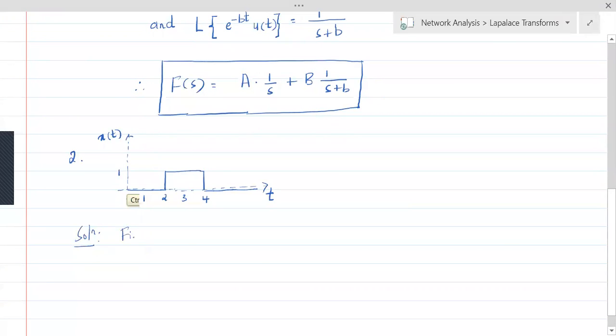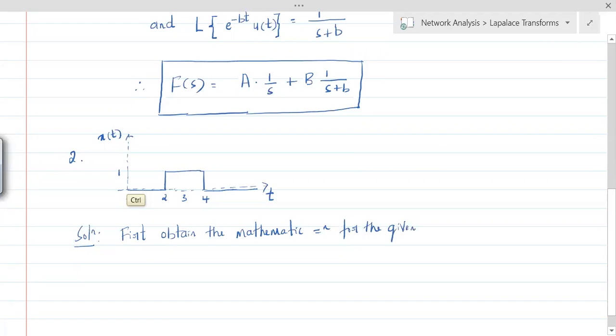So in the solution, let's say: first obtain the mathematical equation for the given signal. So how to obtain that?